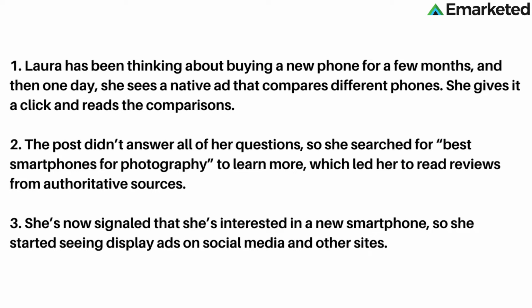2. The post didn't answer all of her questions, so she searched for best smartphones for photography to learn more, which led her to read reviews from authoritative sources. 3. She's now signaled that she's interested in a new smartphone, so she started seeing display ads on social media and other sites. 4.